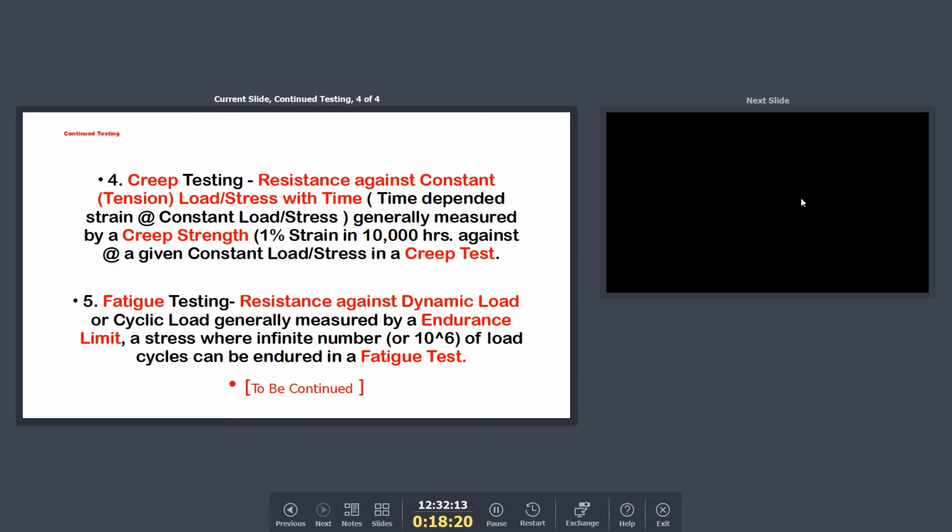In all these, whether hardness, tension, impact, or creep, we use static load. That is, the load is static. But in actual practice, when you run an electrical motor, it always rotates something, a shaft. One portion of the shaft is fixed in a bearing.